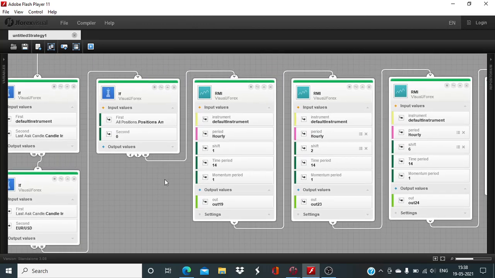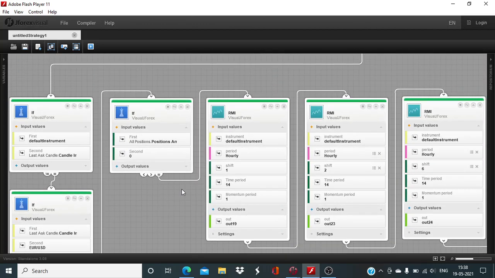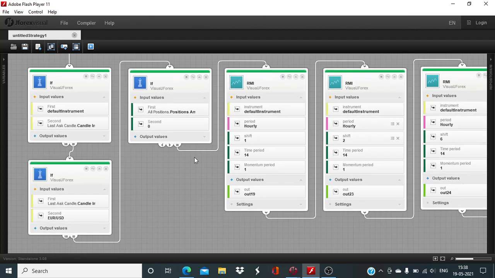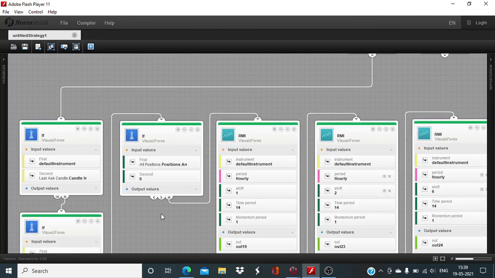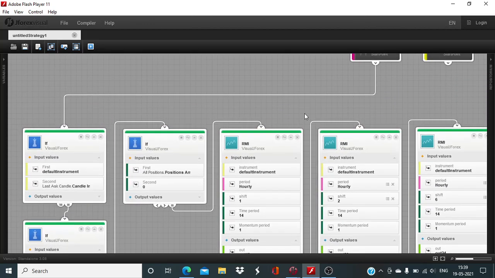So we will be adding the if blocks and defining the conditions, and also in the process if we have to carry out further calculations we will do that, and not to rule out possibility of adding additional blocks of the RMI or the get historical candle if the need arises. So that's how we are going to go about the designing of the indicator using this indicator RMI.